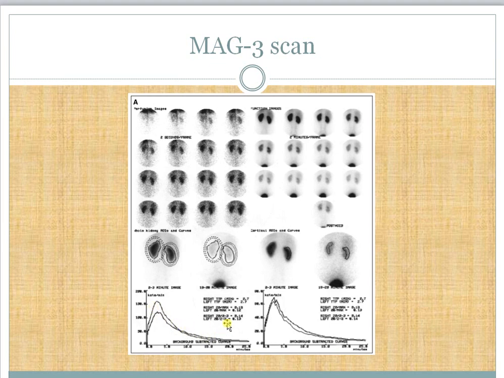Any change in this graph can tell you if there is any obstruction of the kidney. So by doing a MAG3 scan, you can come to know two things. One is whether a functional kidney is present or not, and second, whether there is any obstructive hydronephrosis.